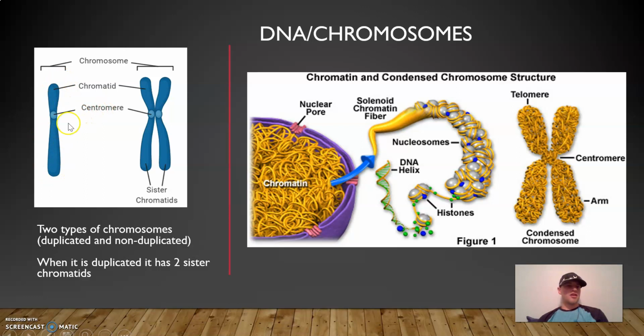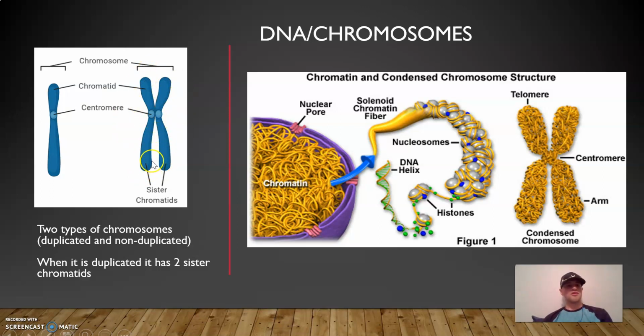So each chromosome has this thing called a chromatid, and this is just a subdivision of the chromosome. So before S phase in G1, each chromosome has one chromatid. So chromosome, one chromatid. But after division, these things are still connected at the centromere, at the middle of the chromosome, and so you have 2 chromatids on one chromosome.